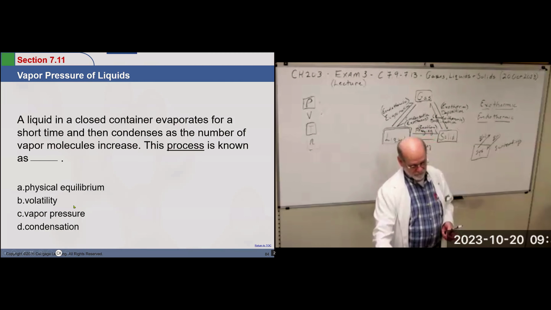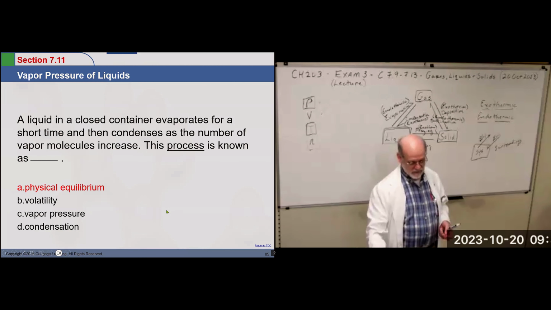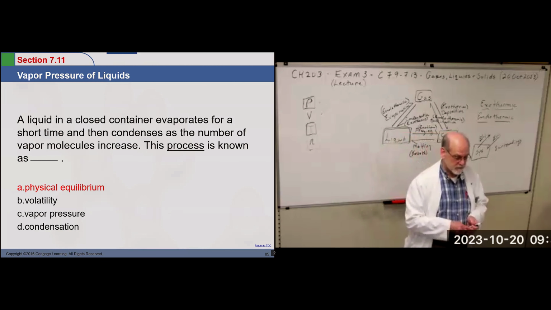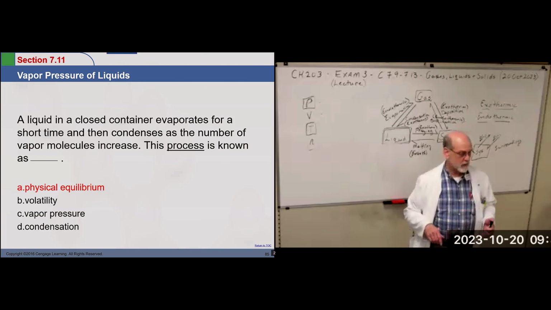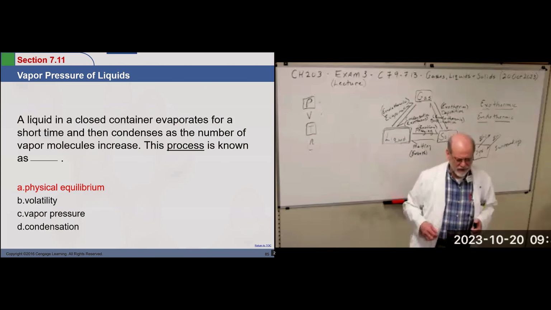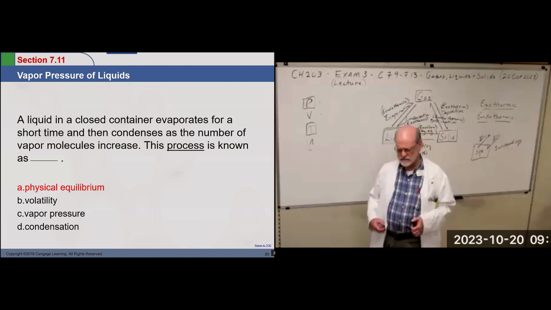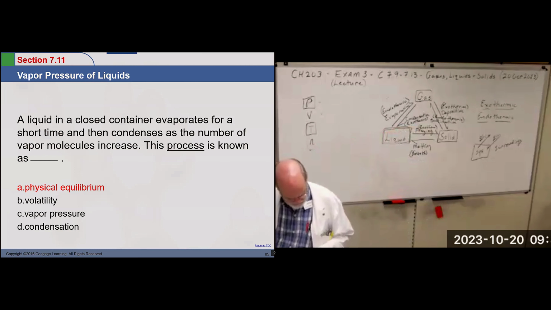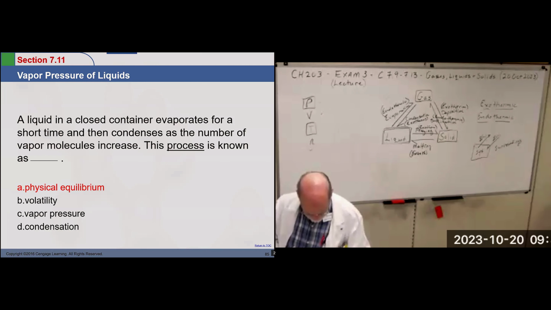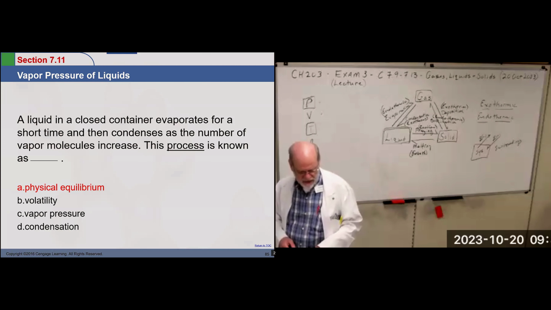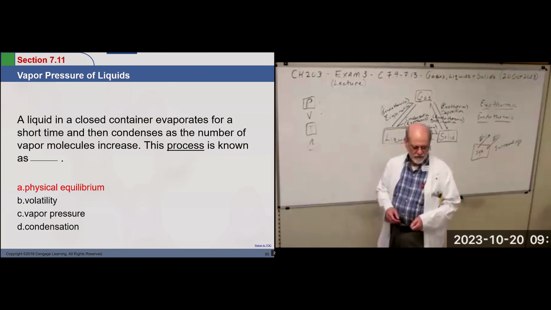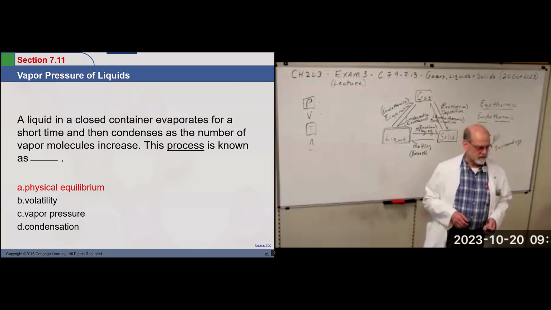So the process is a physical equilibrium. Now we can speak in terms of chemical equilibrium too, but I don't think we're going to cover that in this class. We may talk about it a little bit in chapter 9, chemical reactions, but we're not going to be as rigorous with it as I am with my general chemistry class.